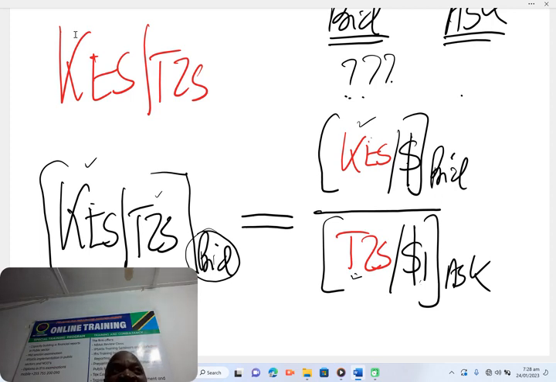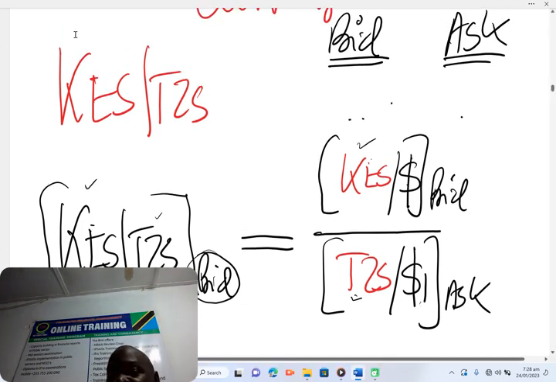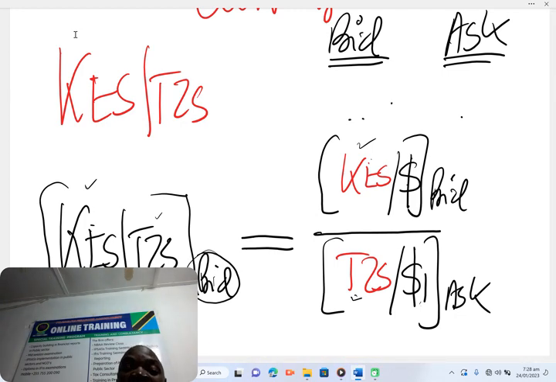I start again. For the two-way quotation, there is a technical way of getting the figures. First, you must see which price you are looking for. The price we are looking for is the bid price. So the bid price is being computed for Kenyan shillings per Tanzanian shillings.